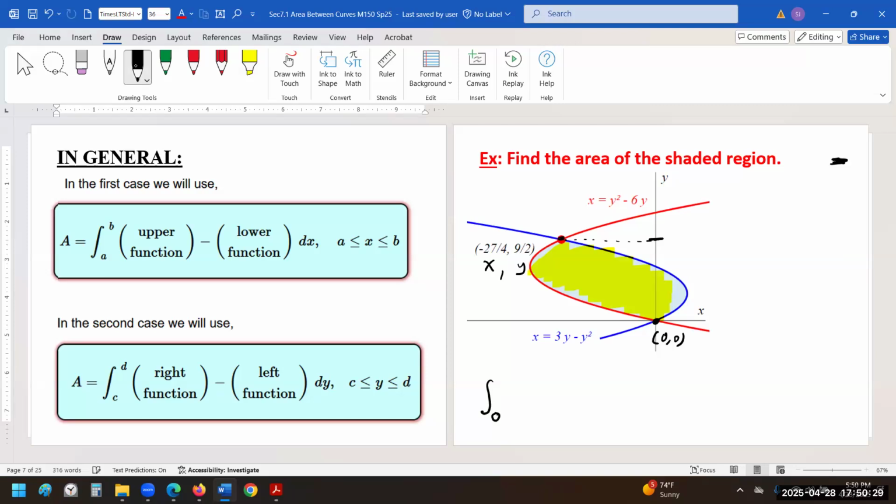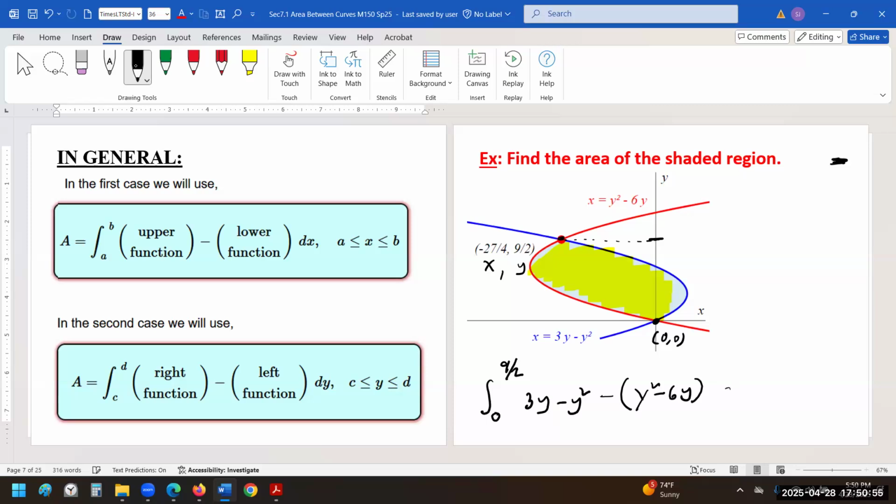So lower limit is 0, upper limit is 9.5. And we are subtracting the left from the right. So the left function is the red one, so minus (y squared minus 6y). Our right function is the blue one, 3y minus y squared.